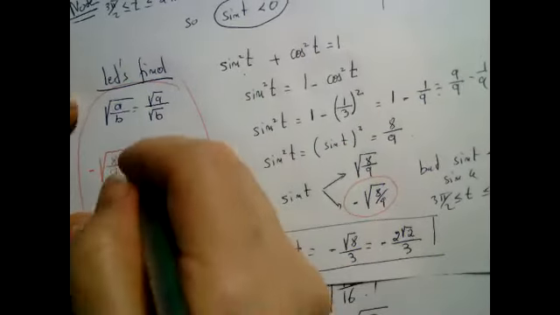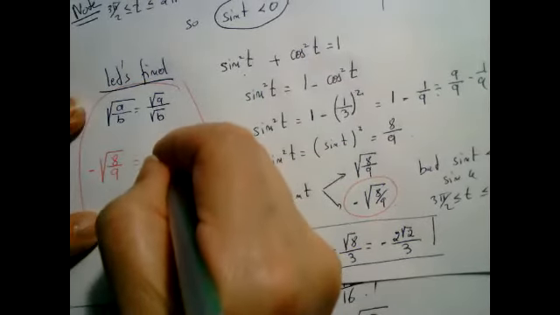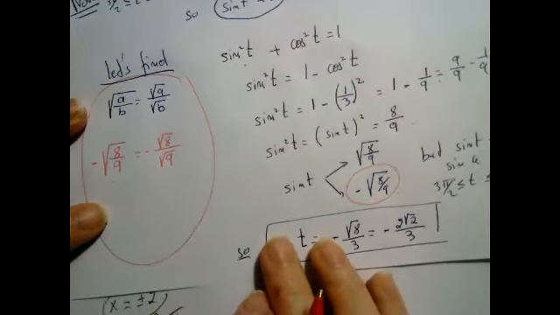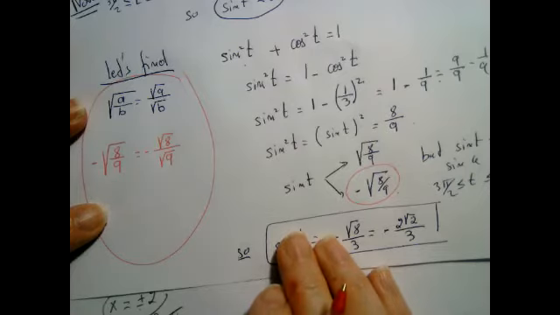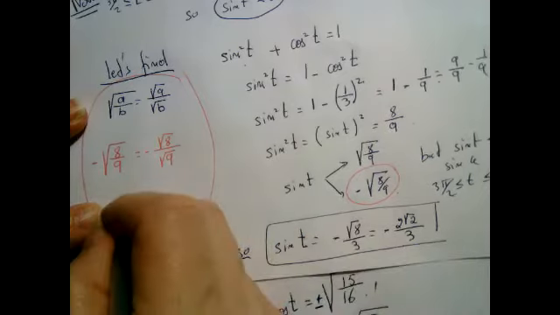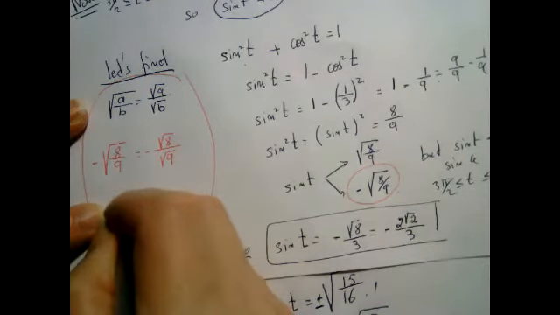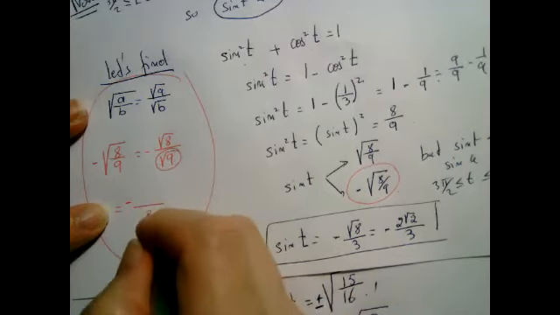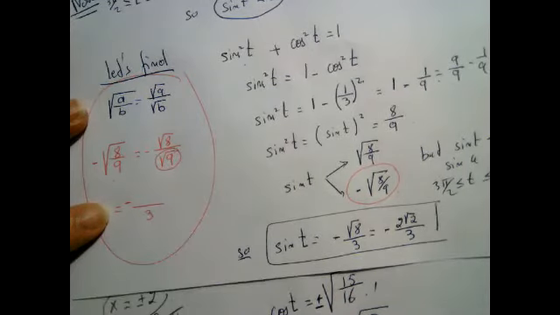It means I can split this into the square root of 8 over the square root of 9. Are you with me so far? Okay, very good. Now, what's the square root of 9? 3. Exactly. That's my 3.